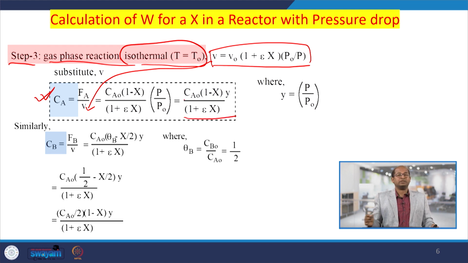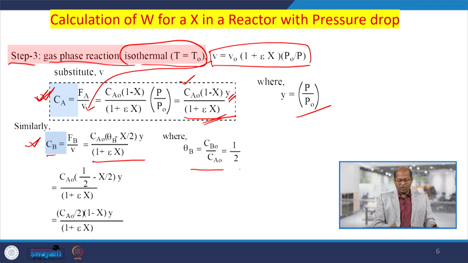So, this is the concentration of component A, ethylene: initial concentration times 1 minus x, y is the pressure ratio, and here is epsilon and 1 plus epsilon x. Similarly, for component B we can write this. That we also discussed in the previous class.